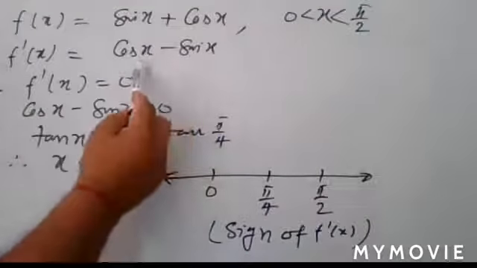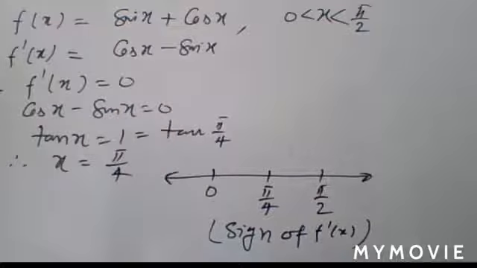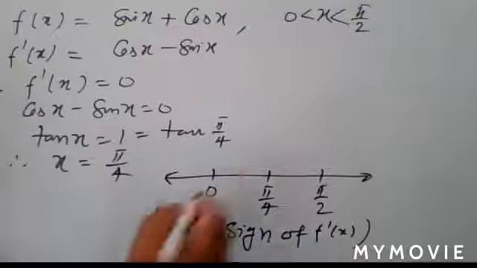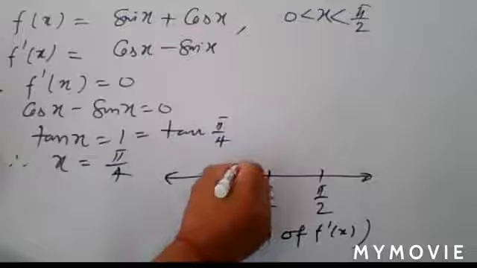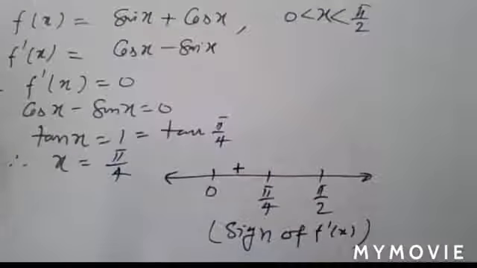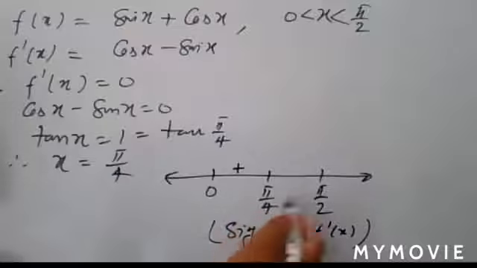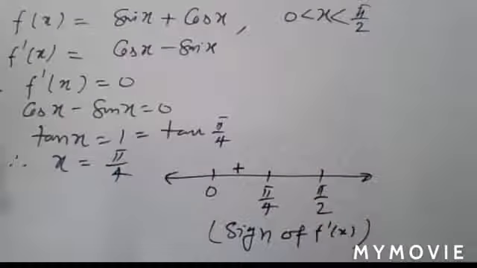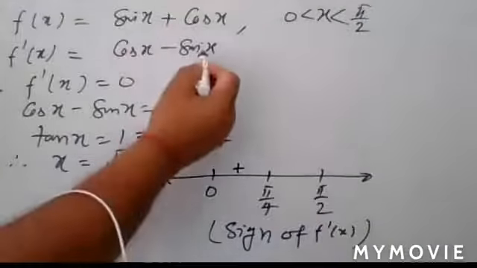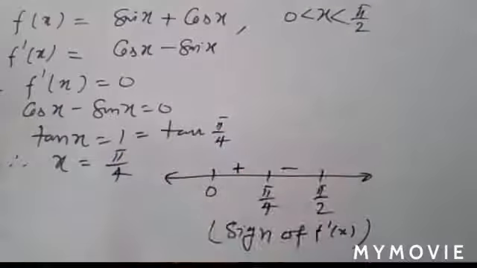No doubt the value of cos is greater, so you can say that this difference is positive. For pi by 4 to pi by 2, the value of sine is greater, so here you have negative.